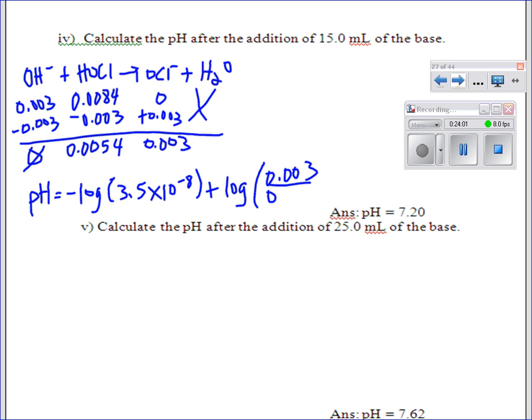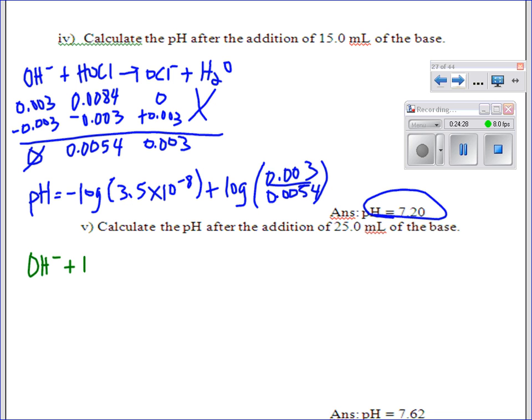Ion over acid. I'm just going to be like one of those professors in college. I'm not going to move. I'm just going to stand here and write. There are those, believe it or not. All right, 7.2, did y'all get that answer? Cha-ching, correct.